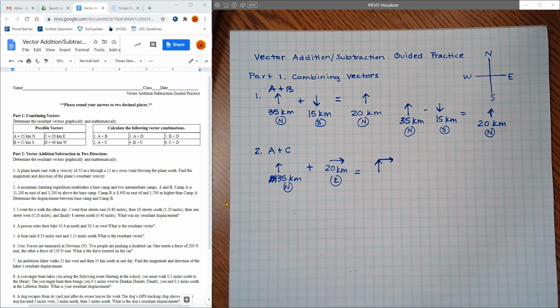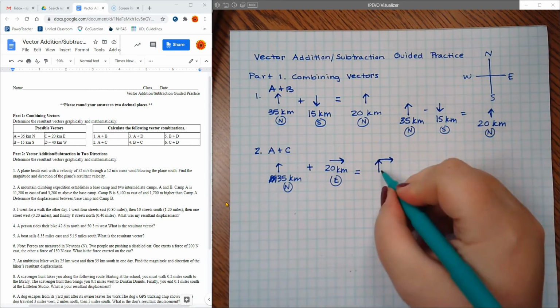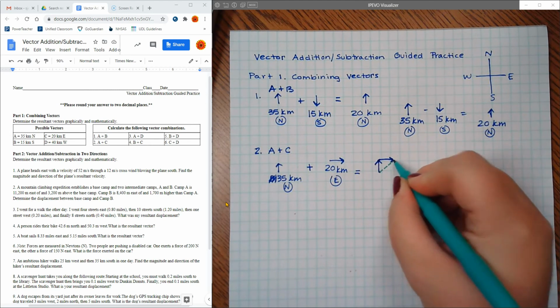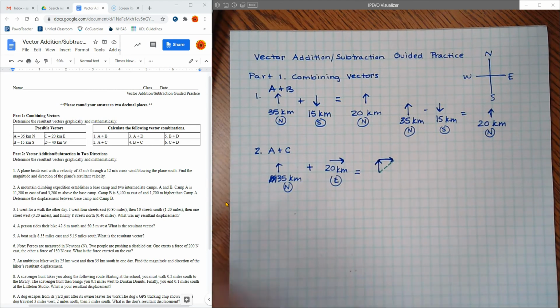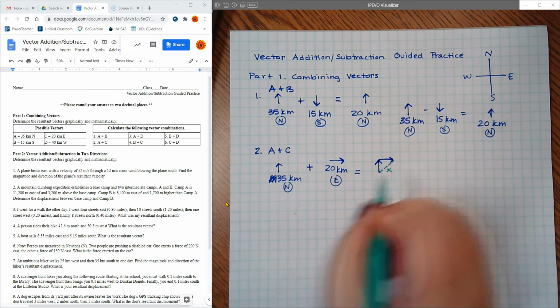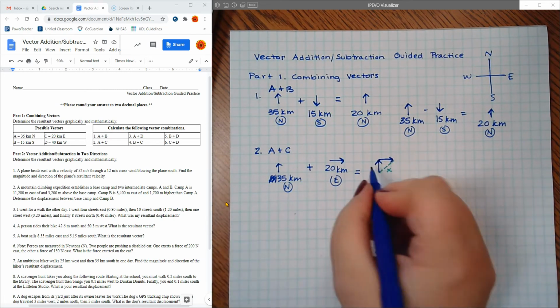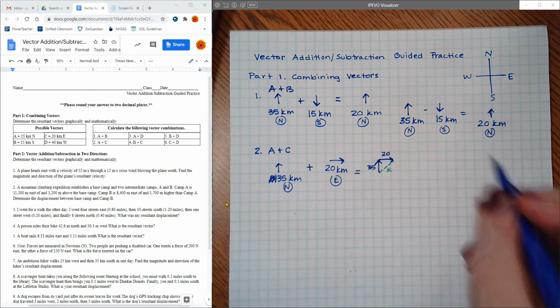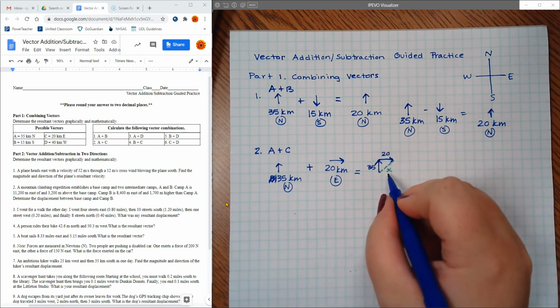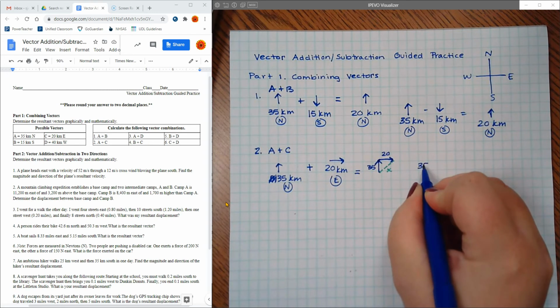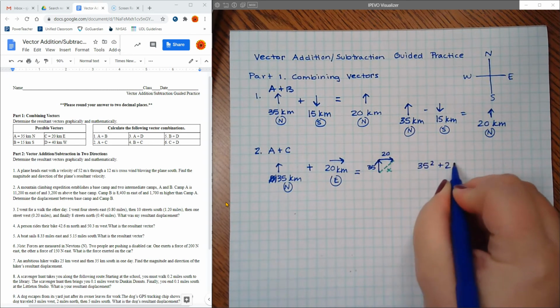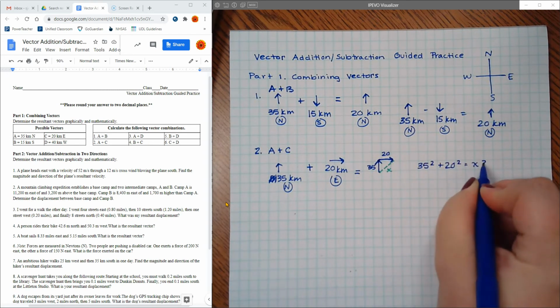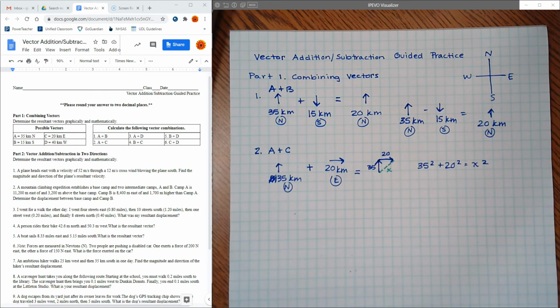To figure out the displacement, if I connect these diagonally, I can figure out what this value is here. So this vector was 35 and this vector was 20. I can figure out x using the Pythagorean theorem.